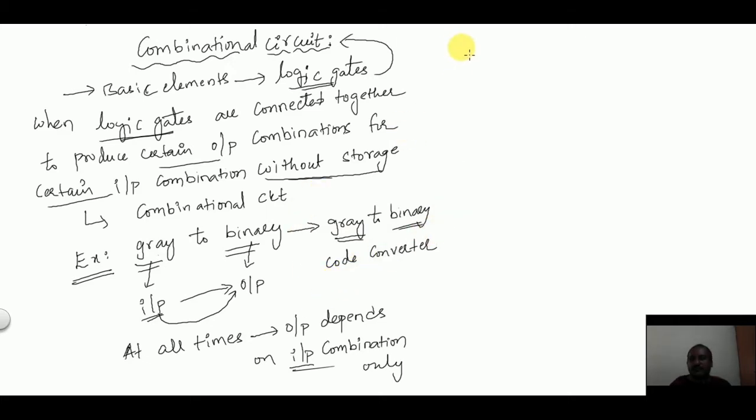Next, the design steps involved in designing combinational circuits. The first step is the definition of the design. What this means is you have to be in a position to know what we are designing.